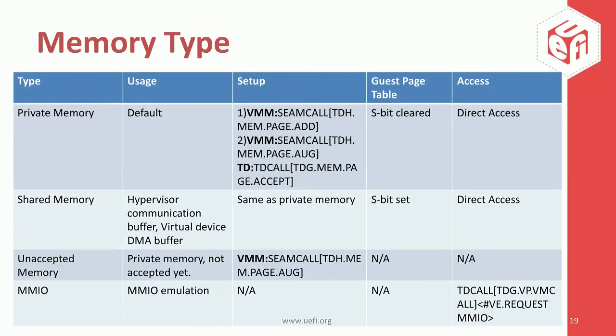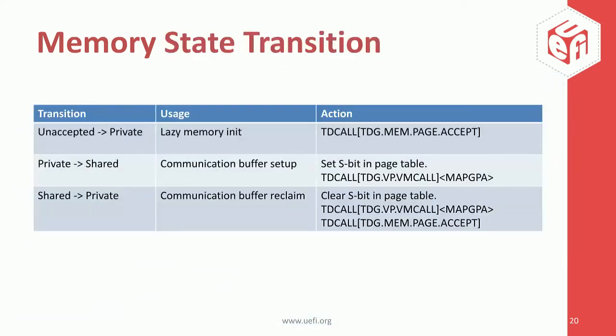And here is a summary of the four memory types. We have introduced private memory, shared memory, unaccepted memory, and VMM emulated MMIO. For all those memory, the type can be changed. First, the unaccepted memory can be changed to a private memory. This is to support lazy memory initialization, because the adding of TD private memory is very time consuming.